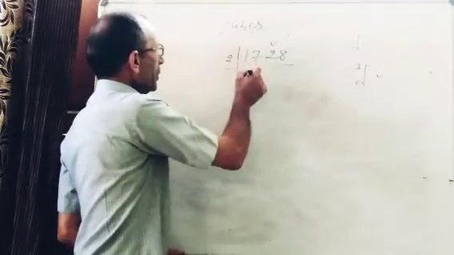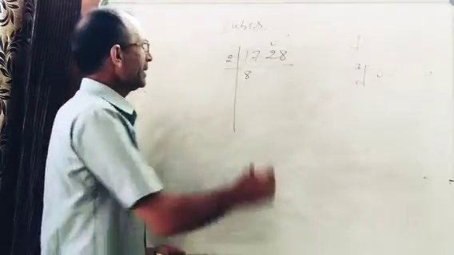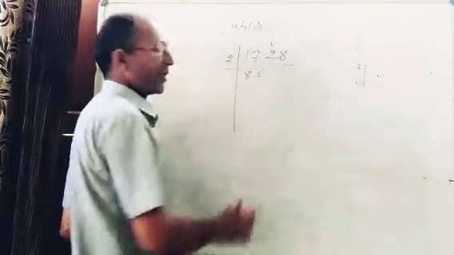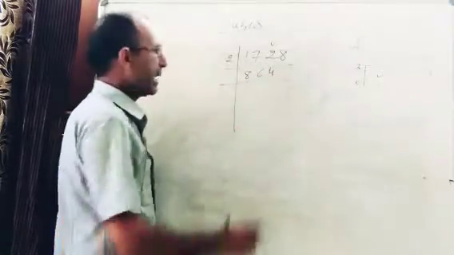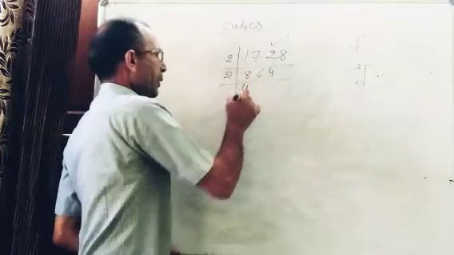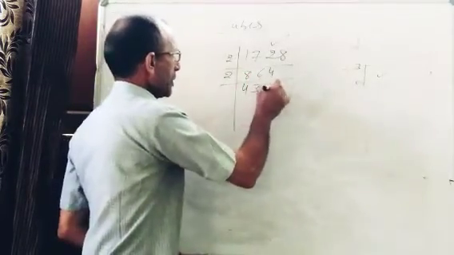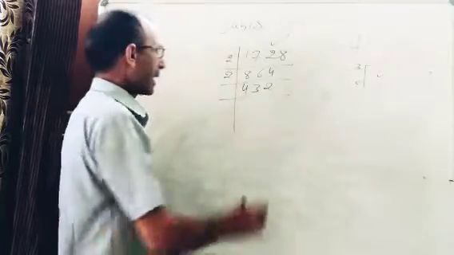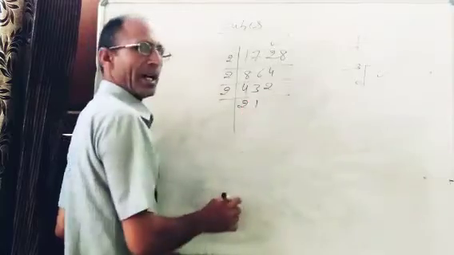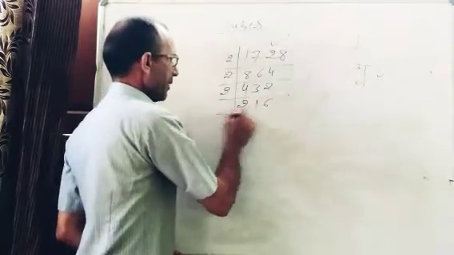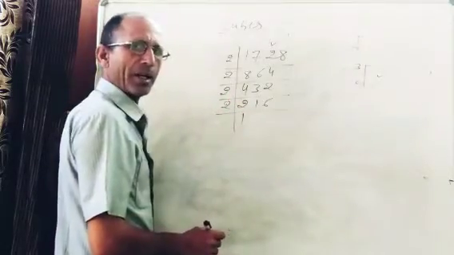Start with 2. 2 times 8 is 16. 2 times 6 is 12. 2 times 4 is 8. Again by 2. 2 times 4 is 8. 2 times 3 is 6. 2 times 2 is 4. Again by 2. 2 times 2 is 4. 2 times 1 is 2. 2 times 6 is 12. Again by 2.